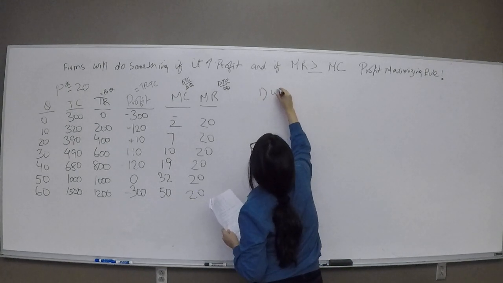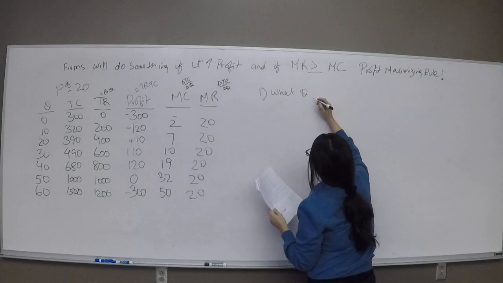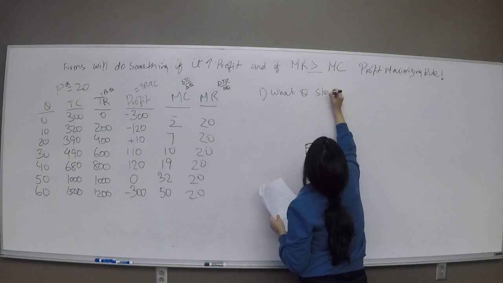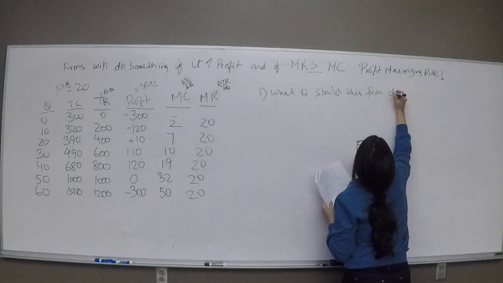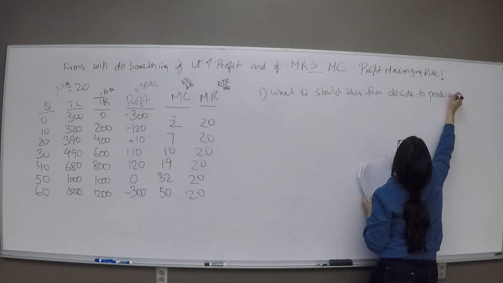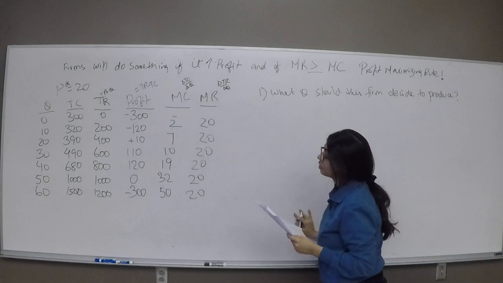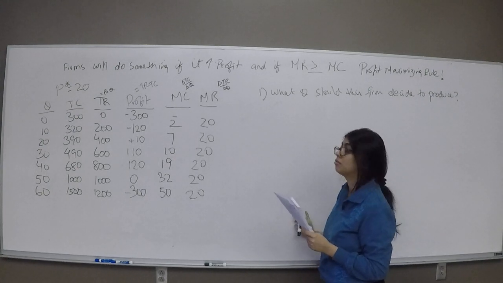Question number 1, what quantity should this firm decide to produce? It should produce where marginal revenue is equal to marginal cost.